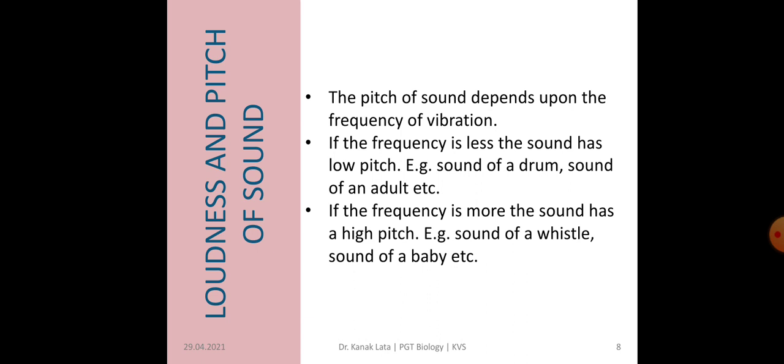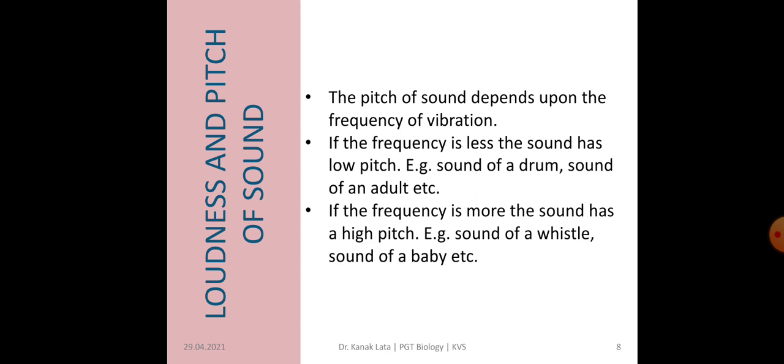The pitch or shrillness of sound depends upon the frequency of vibration. If the frequency of vibration is higher, then the sound is shrill and has higher pitch. Whereas if the frequency of vibration is lower, then the sound has a lower pitch.